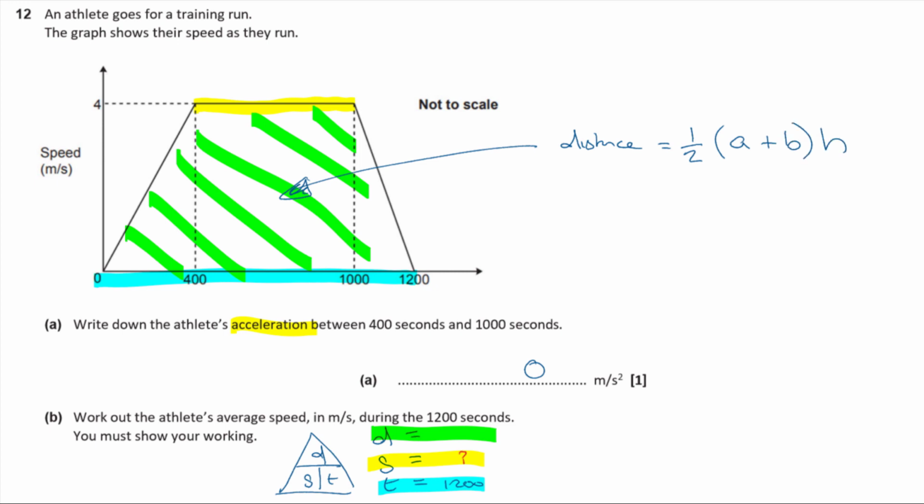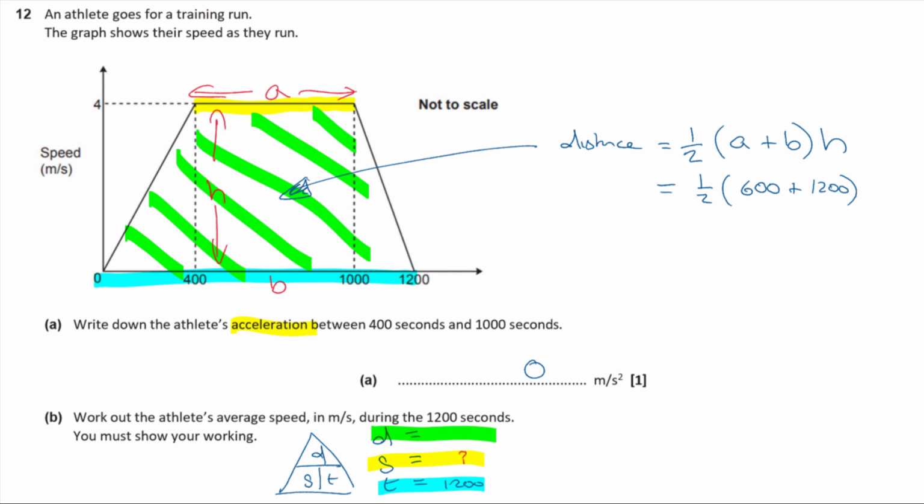Half a plus b times h. Here a and b are the 2 parallel sides, so this length and this length, and h is the distance between them. So a is the difference between 400 and 1,000. That's half of 600 plus 1,200, times h.